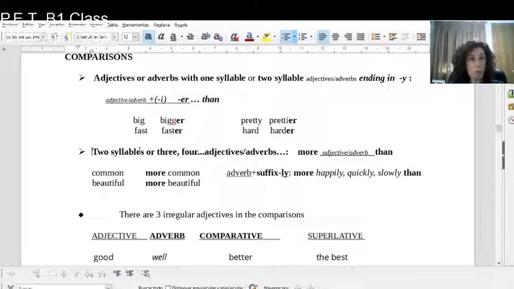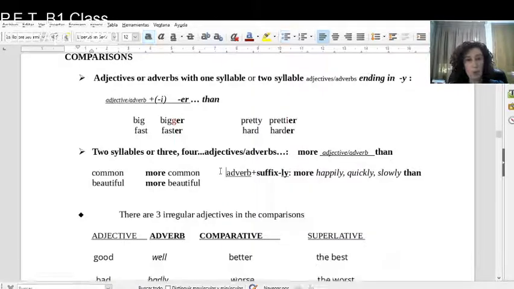Two syllables but not ending in y, very important, or 3, 4 syllables, adjectives or adverbs, we use more than here: more plus the adjective or the adverb, than. For example, common, two syllables, not ending in y, then more common. Beautiful, 3 syllables, then more beautiful.